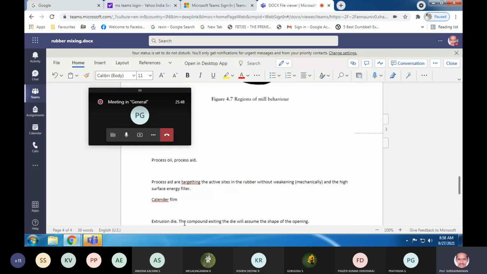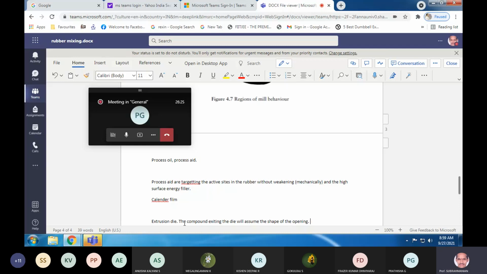So definitely the compound has to process very well. So for calendering, we said the fillers play a vital role. What about extrusion? Fillers play a role because to assume the geometry or the shape of the opening, the compound should have a certain solid character. That is possible only in the presence of a filler.